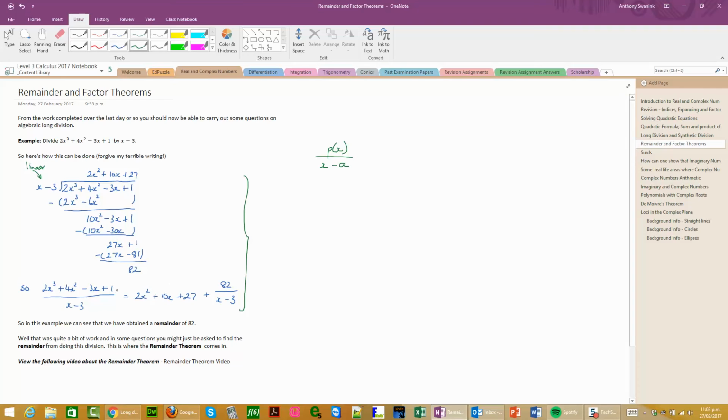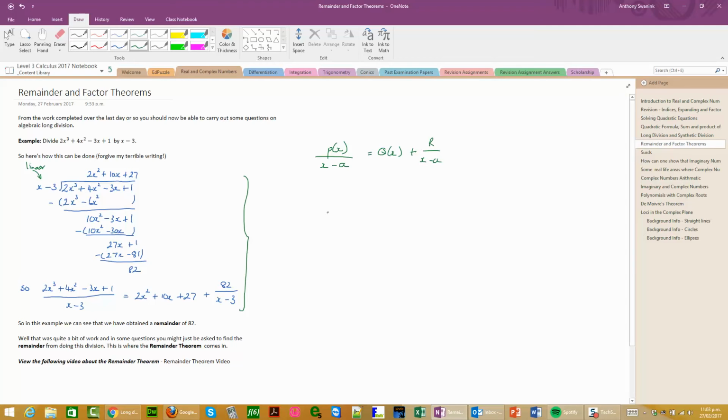Now, as you can see down the bottom here, what we get when we do that is 2x squared plus 10x plus 27. That's the quotient, and let's call that q(x) for quotient. And we can also put the remainder over the thing that we're dividing by.